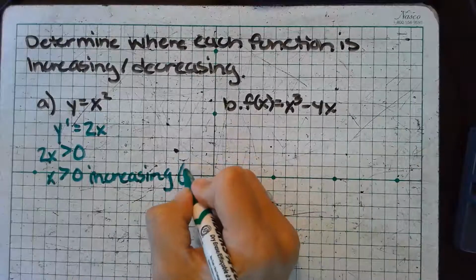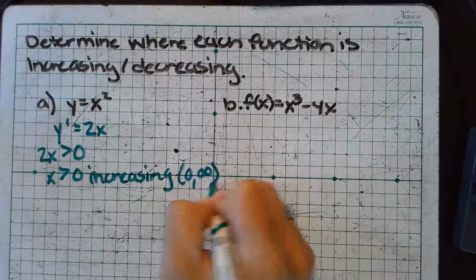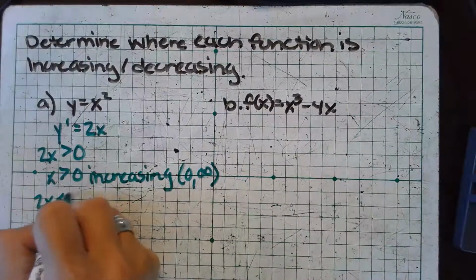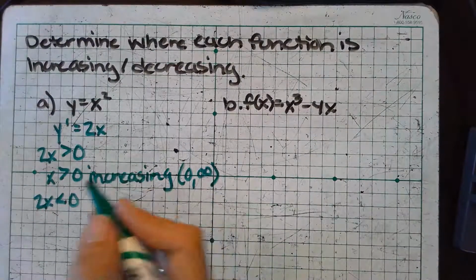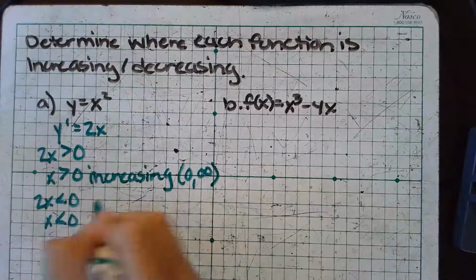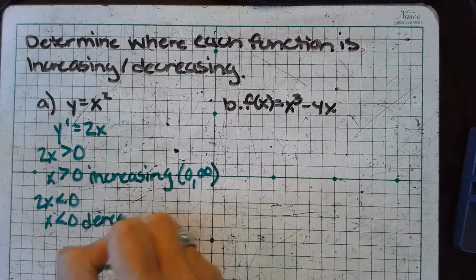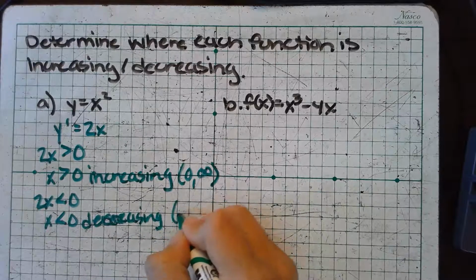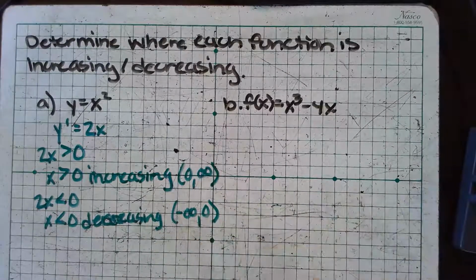This is the interval from 0 to infinity. And then here, when 2x is less than 0, it's decreasing. So x less than 0 is decreasing on the interval of negative infinity to 0.